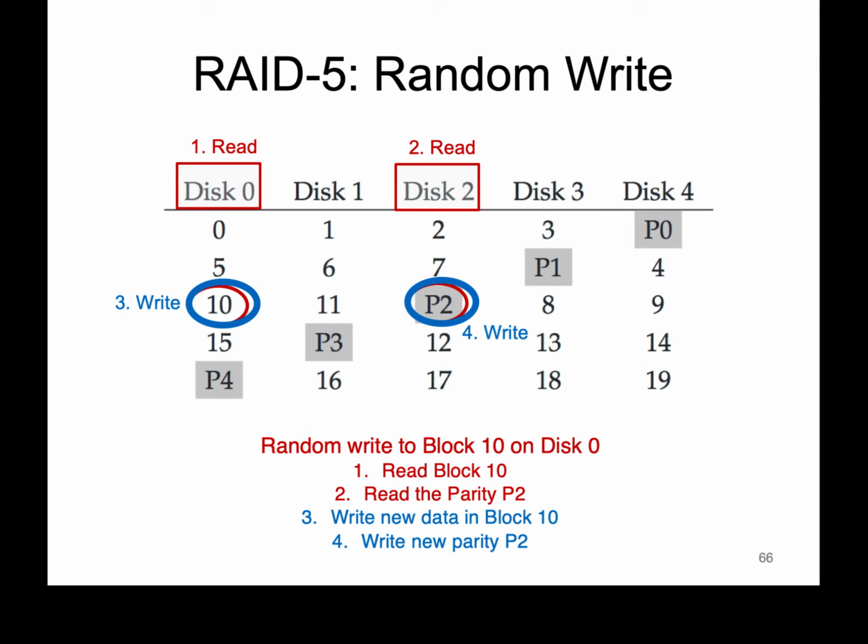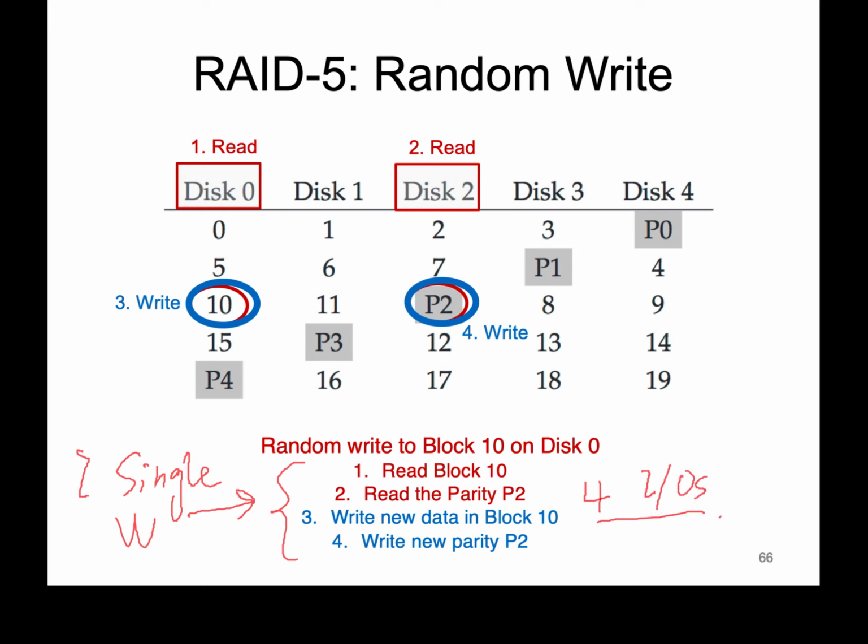So a single random write gets effectively translated into these 4 IOs.